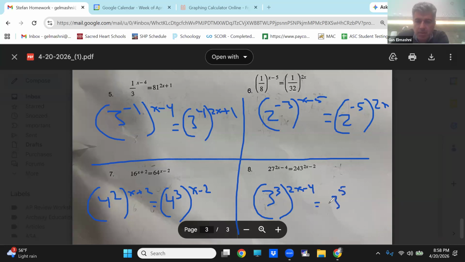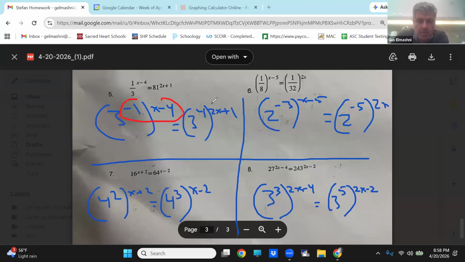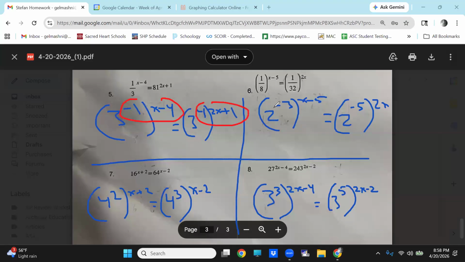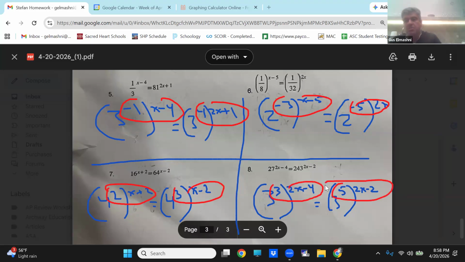B to the fifth. And then you simply would just combine this, combine this, combine this, and combine this. And then solve.